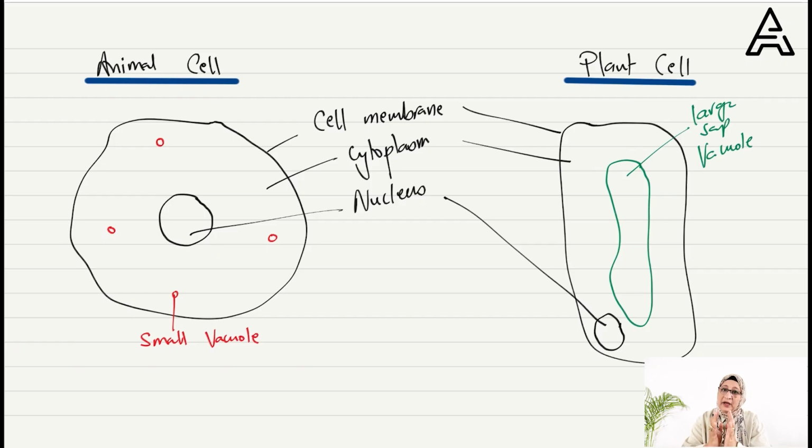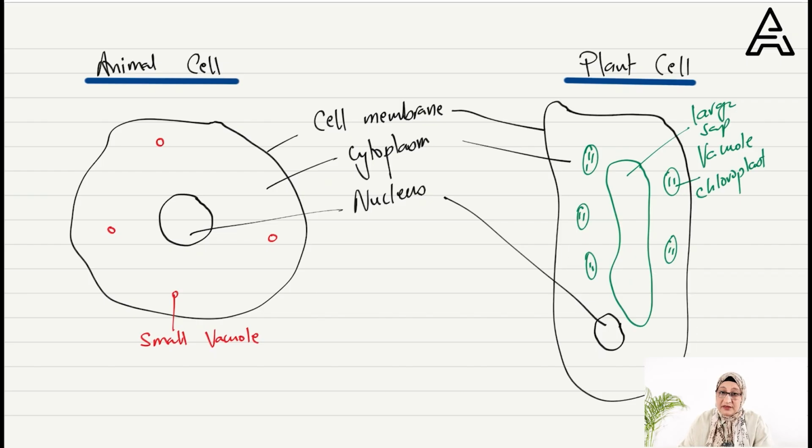It is the structure occupying the center, pushing all structures aside. Other structures, green in color, multiple structures we call chloroplasts. This is an organelle present in the plant cell, not in the animal cell.